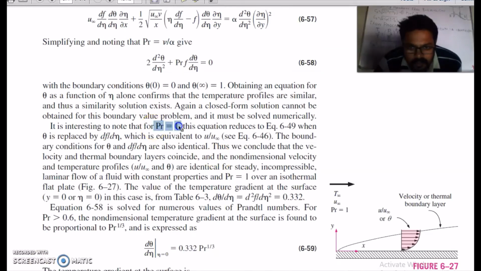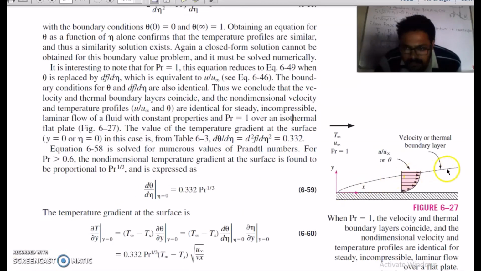So for Prandtl number 1, we conclude that the velocity and thermal boundary layers coincide, and the non-dimensional velocity and temperature profiles are identical for steady incompressible laminar flow of a fluid with constant properties and Prandtl number 1 over an isothermal flat plate.